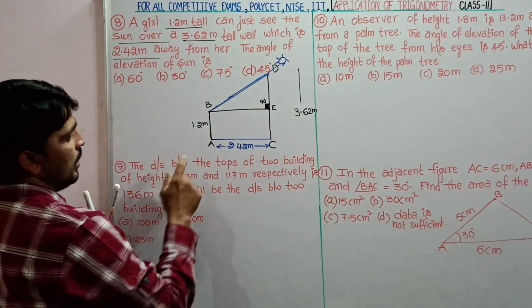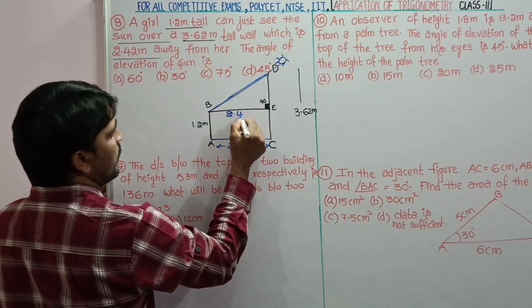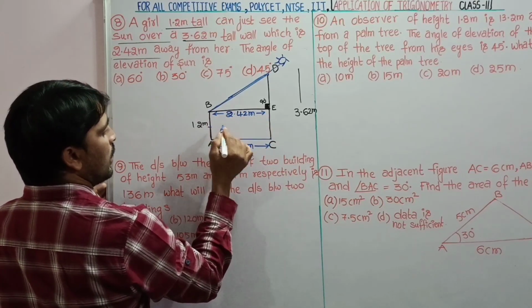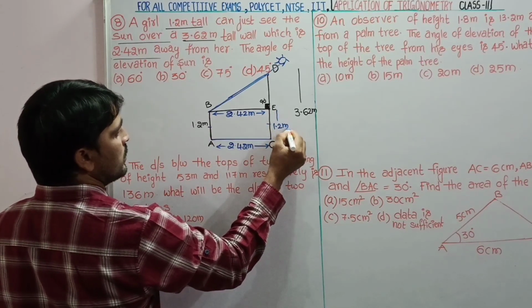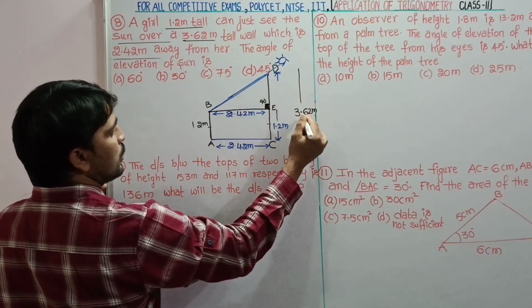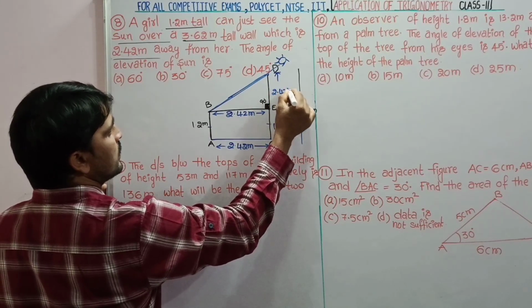Since here ABEC is a rectangle, therefore BE is also 2.42 meters and AB is equal to EC, therefore EC is 1.2 meters. Then obviously ED is total 3.62 minus 1.2, that is 2.42 meters again.